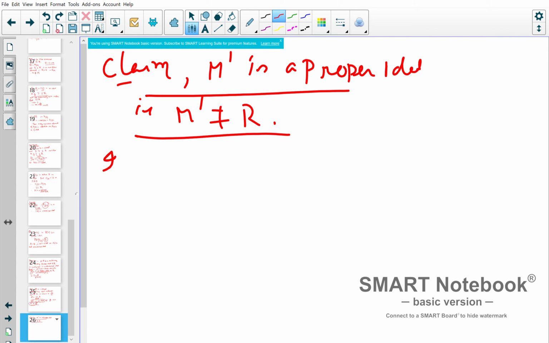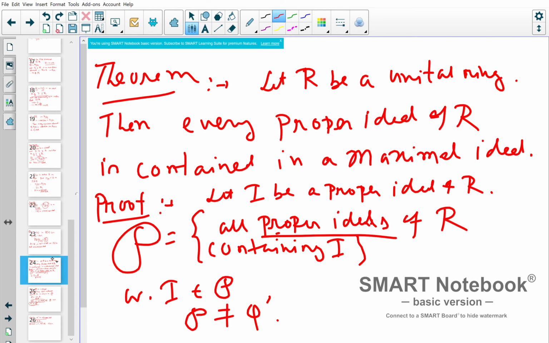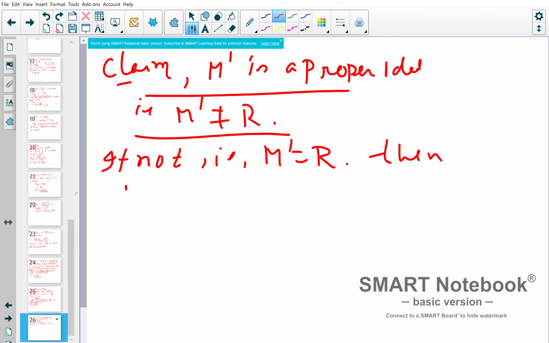So if not, that is, suppose m dash is equal to the full ring R. Then what happens? Then one is an element of m dash. Remember, one is inside a unitary ring, so that is important. This is what I required, right?